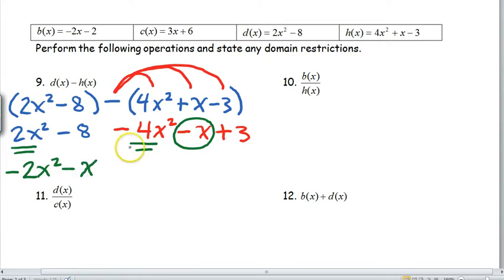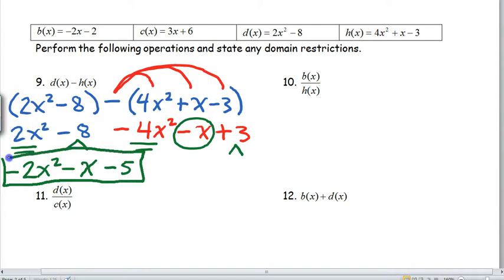Just bring it down. But then we've got the negative 8 and the 3. Those are like terms. We can put those together. That's negative 5. Okay? So that's the final answer right there. Any questions about number 9?